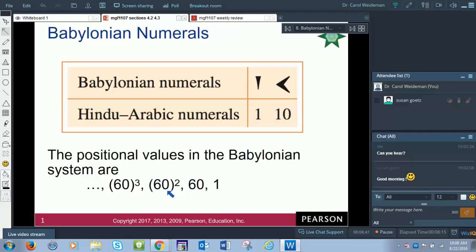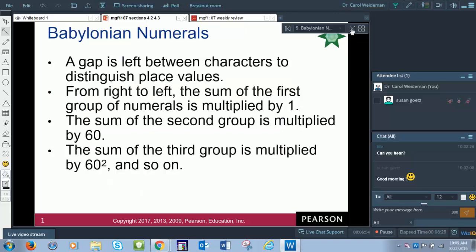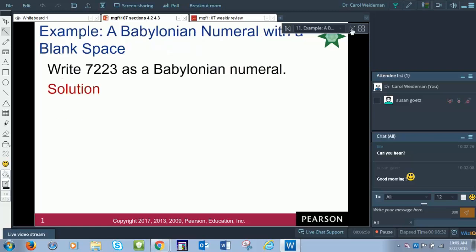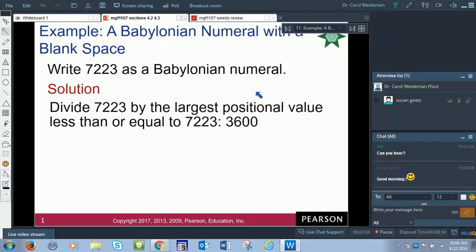Oh, that's not right. Helps to put the number in correctly. 216,000. Okay, so when we look at our number, 7223, the biggest positional value less than or equal to it is going to be 3,600.